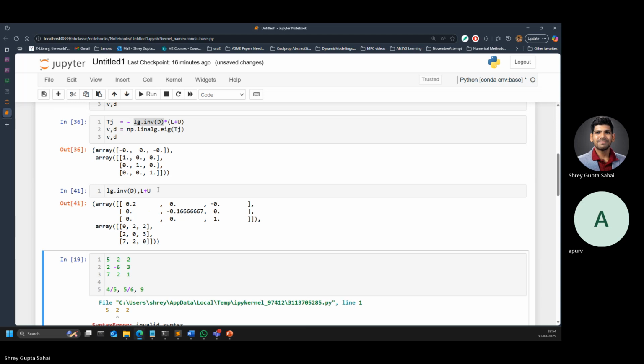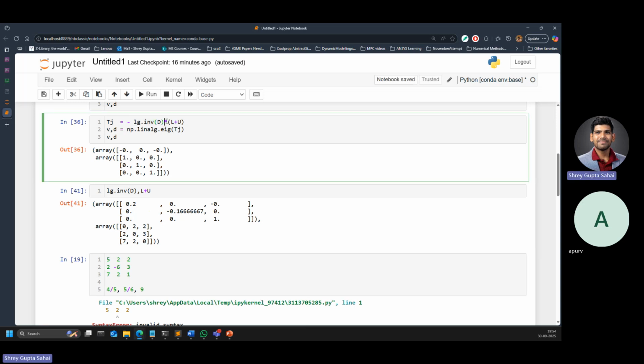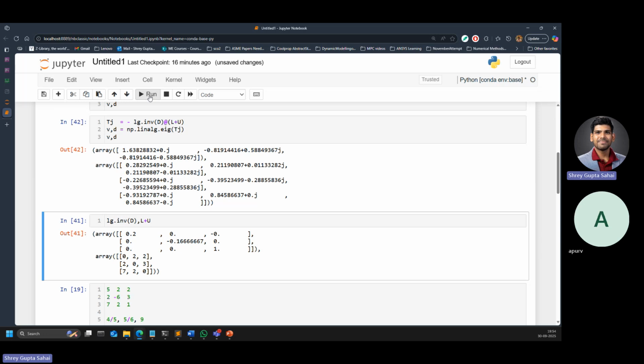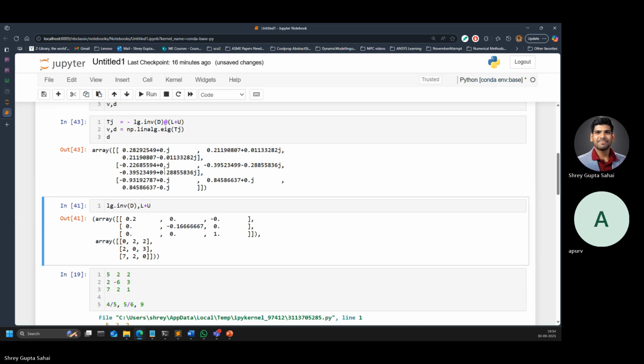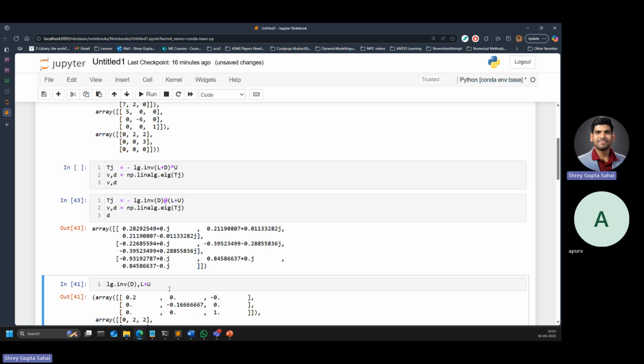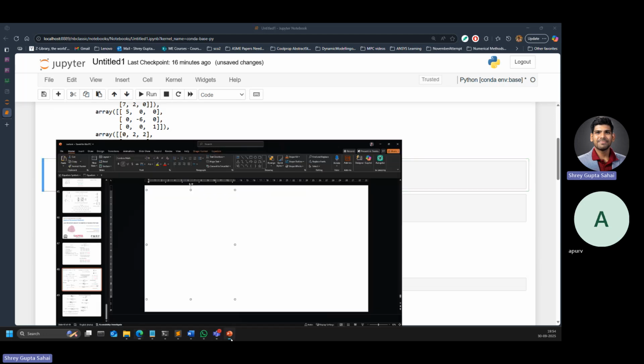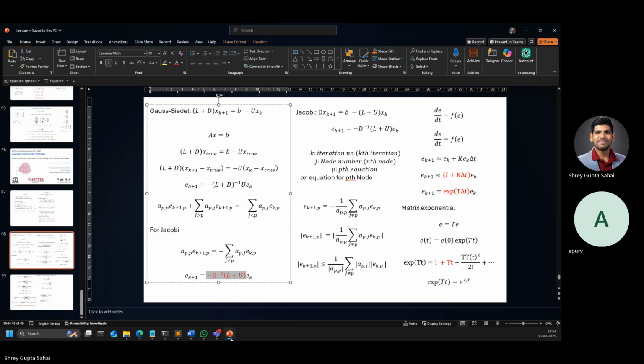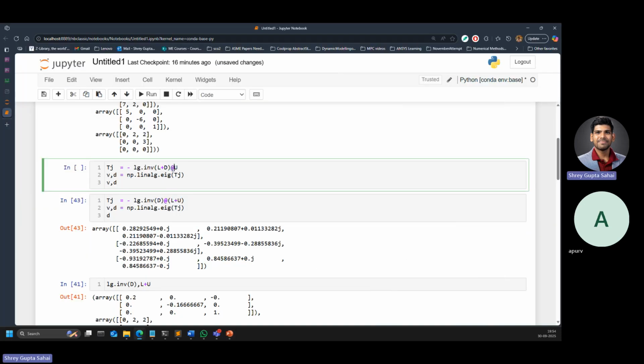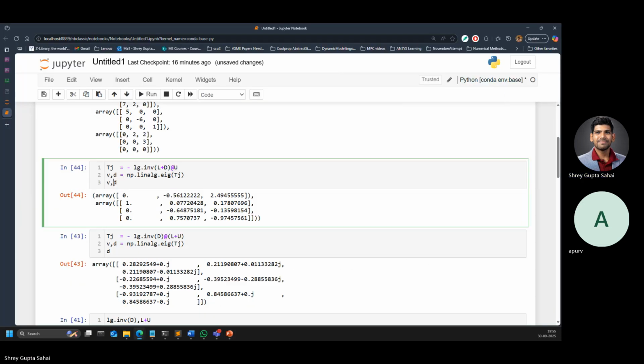Oh, I'm doing this in two. That's why. Right. So let's calculate, just find D. Okay. And then the other one is L plus T. And then the other one is L plus T inverse U. Yeah, this one is also okay.